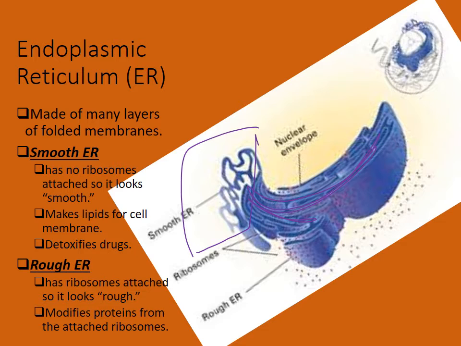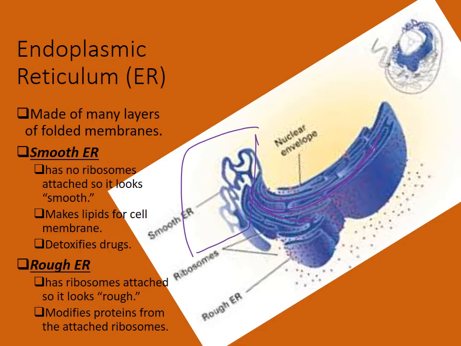We remember we did four basic macromolecules, and lipid, also known as fat, was one of them, and it's part of your cell membrane. The smooth ER is also used for detoxifying drugs, or breaking down the toxins from drugs. For example, if someone has overdosed on a drug, the smooth ER is tasked with making sure the cells don't die because of the toxin from that drug.